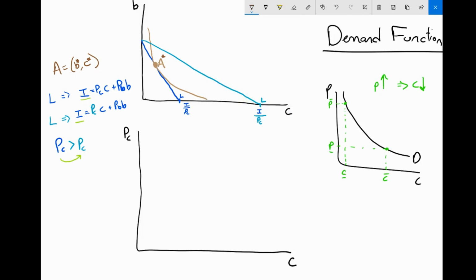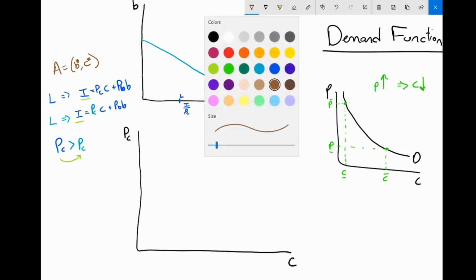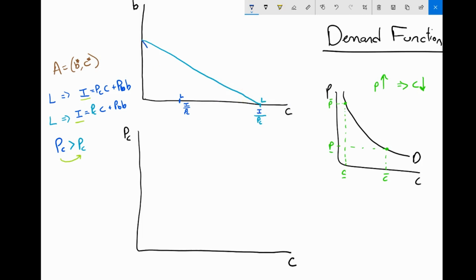Okay, so if the price of coffee goes down, what's going to happen? I'm going to change this a little bit here, just to give myself some more space.